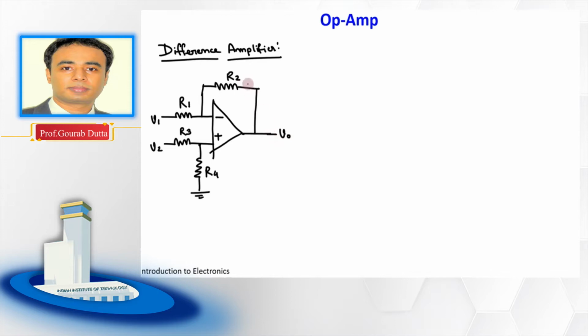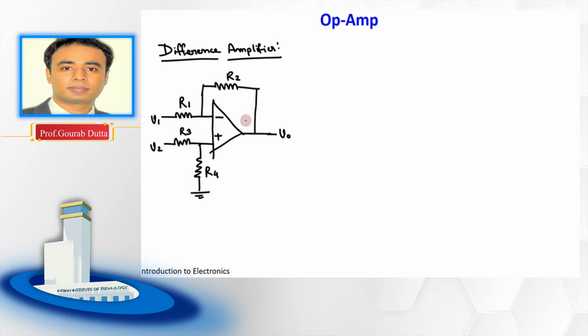Fine. So this difference amplifier is an amplifier which amplifies only the difference between these two input signals, and if there is some common part between these two inputs, right, then this amplifier is expected to reject that signal.